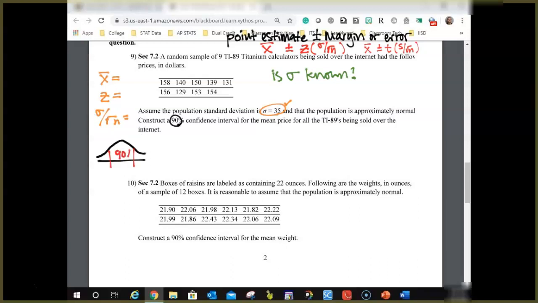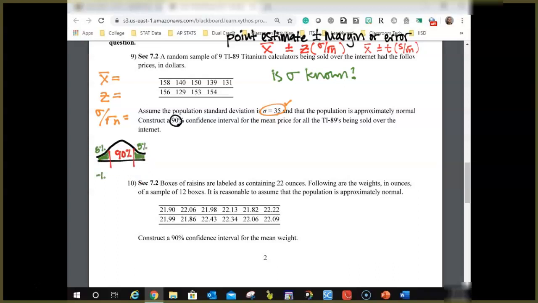So for our 90% confidence interval, this will help us find our critical value for z. We know that it's 90%, so we have to figure out what is the area that remains in the tail. In this case, we have 5% on each side. We know that 90% plus 5 and 5 is 100%.